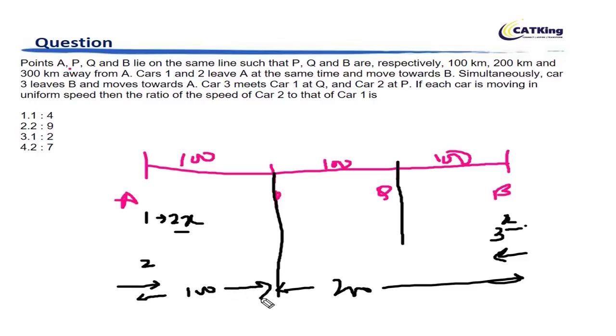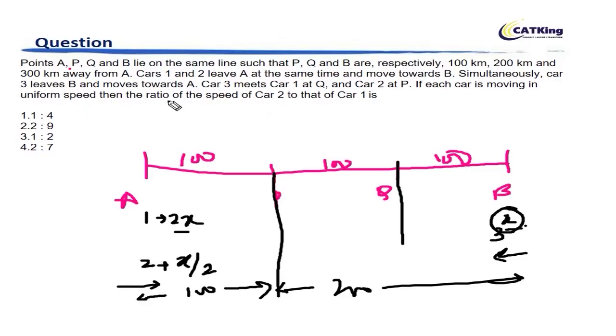It basically means that the speed of car 3 is double that of car 2, so if we have taken the speed of car 3 as x, the speed of car 2 must have been x by 2, right? I hope this is clear to you. It's a very simple application of time speed distance, wherein if time is a constant, speed is directly proportional to distance. So the speed of car 2 will be x by 2.